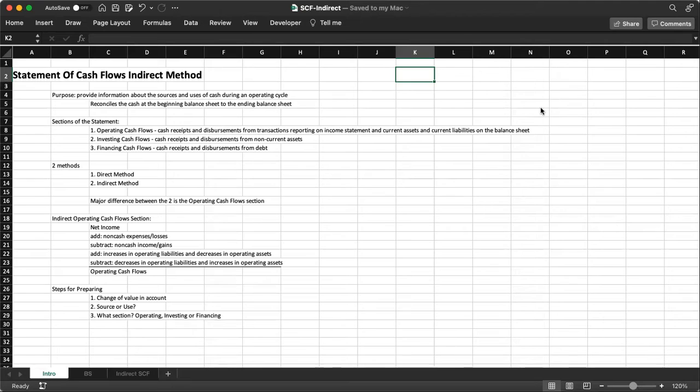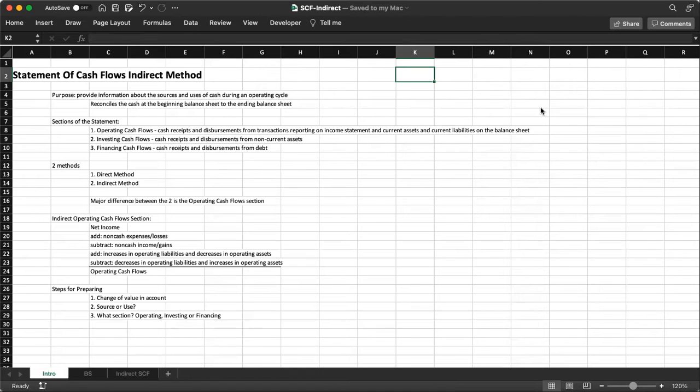In this video, we are going through the indirect method. The only major difference between the two is the operating cash flow section. So below we have the indirect operating cash flow section of how to complete that.